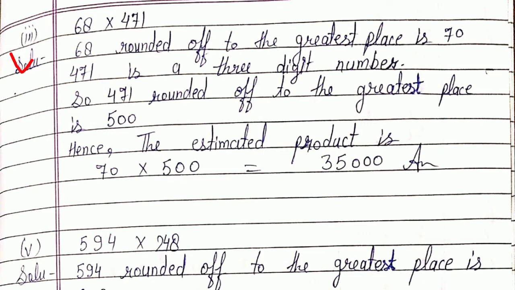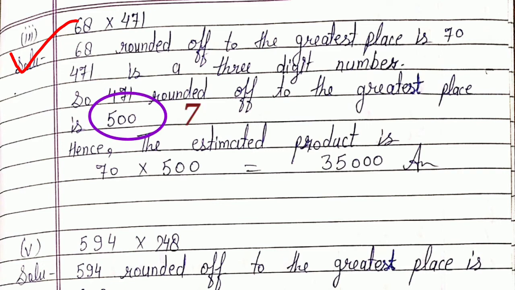Now look at part 3. 68 multiply 471. 68 rounded off to the greatest place is 70. 471 is a 3-digit number, so 471 rounded off to the greatest place is 500.